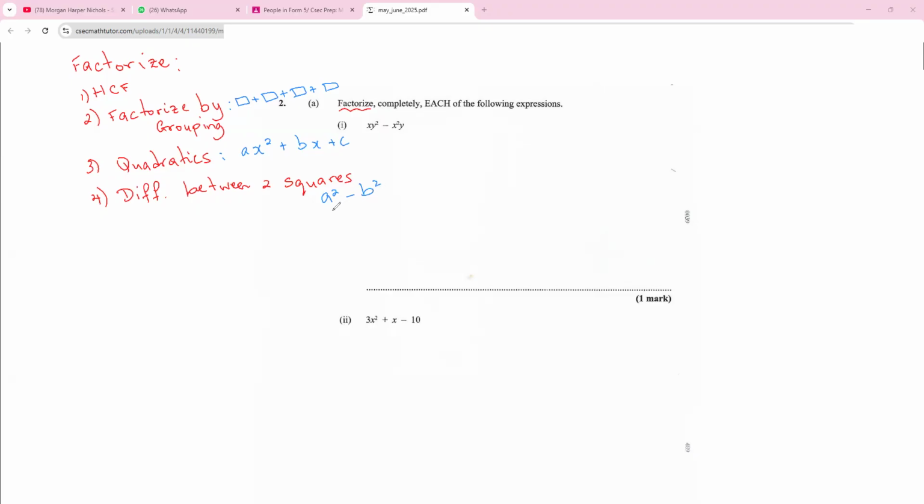And you know, once it's a difference between 2 squares, it takes the first term minus the second term, and then the first term add the second term. And if it's neither of those, by elimination, you'll know it's the HCF.